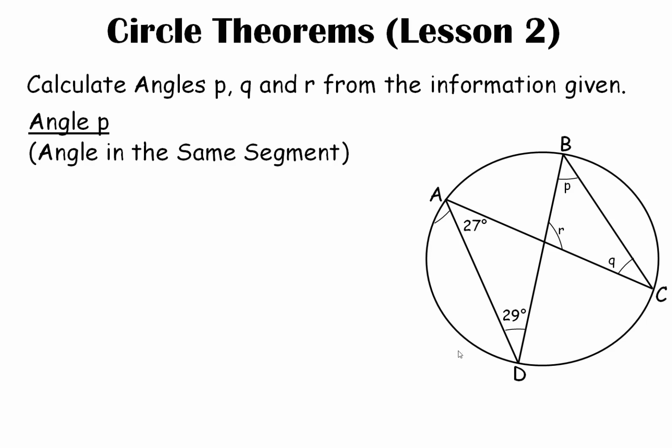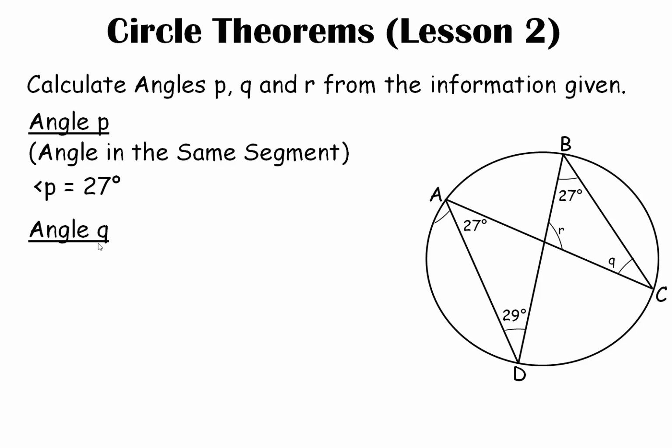So DABC is one segment, and this angle 27 and angle P are formed in that same segment. According to the rule, they are equal. So angle P is equal to 27 degrees, because angle A here is 27 degrees.